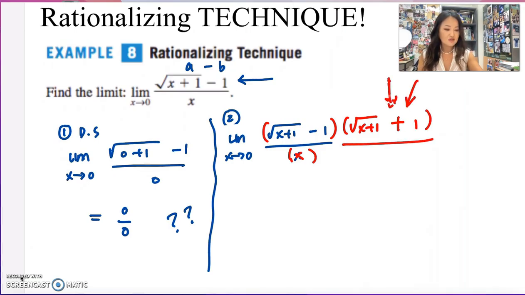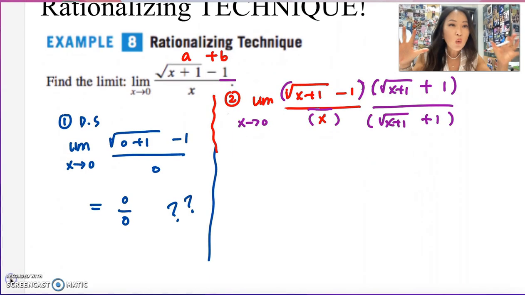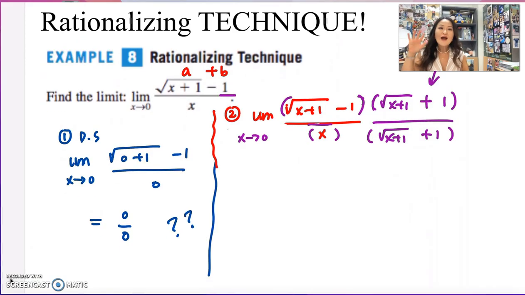Put an arrow here where it's important. You know how you could use notes on the quizzes and tests? Make sure you draw these arrows because they're going to indicate what you need to do. Remember, put an arrow here so you remind yourself. We're trying to undo the radical, right?